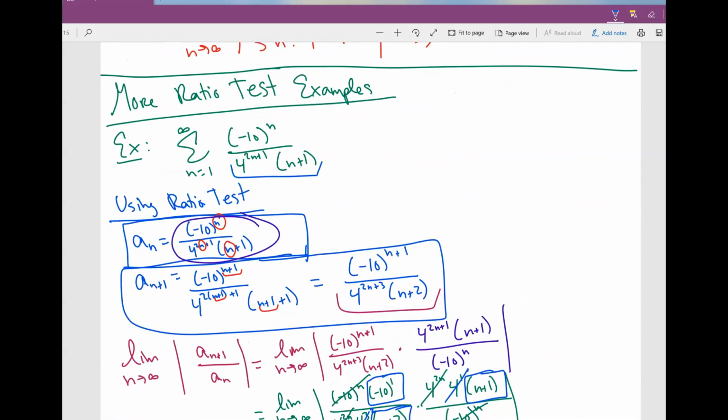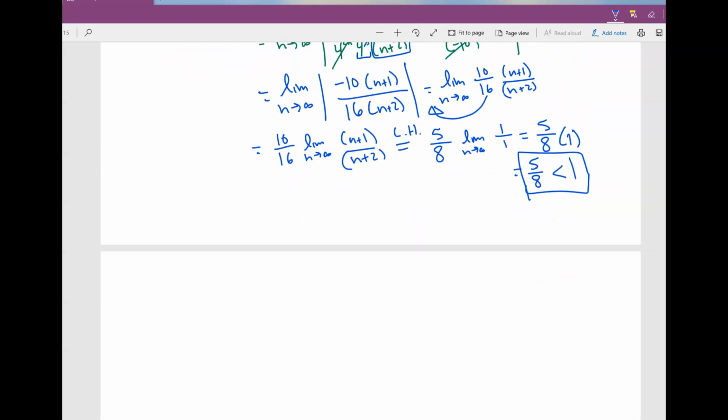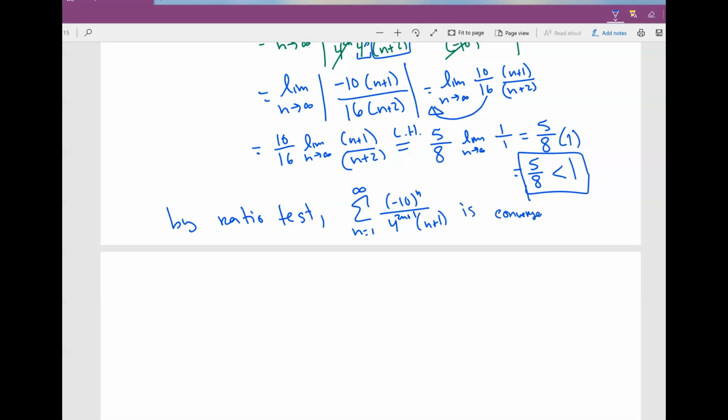So we can say by the ratio test, the sum from n goes from 1 to infinity of negative 10 to the n over 4 to the n plus 1 of n plus 1 is convergent. And not only can we say that it's convergent, but it's also absolutely convergent. So that's something else that we can say about that problem.